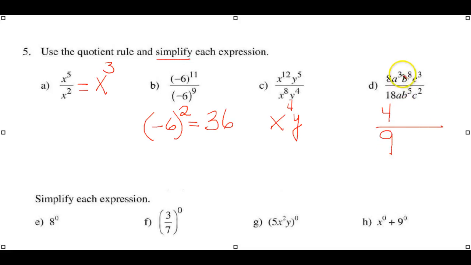Now it'll be a to the 2nd as we subtract 1 from the 3. We're going to subtract 5 from the 8 and get b to the third, and it looks like a c to the first.